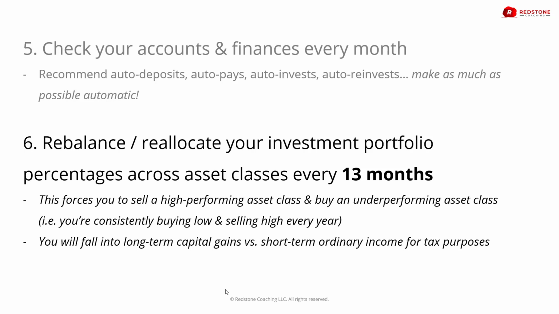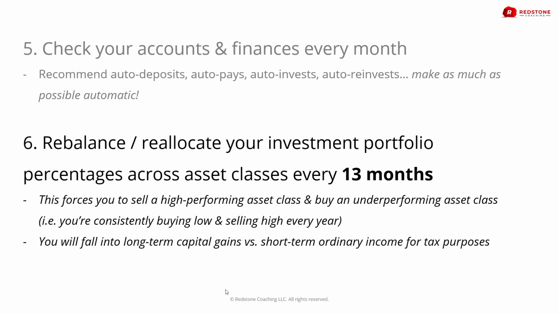So now, the reason for 13 months. I'm sure you've been wondering, why 13 months? Why not 12 months? The reason is that if you sell an investment within 12 months, those investment earnings are going to be taxed as normal income. So think of your normal income.